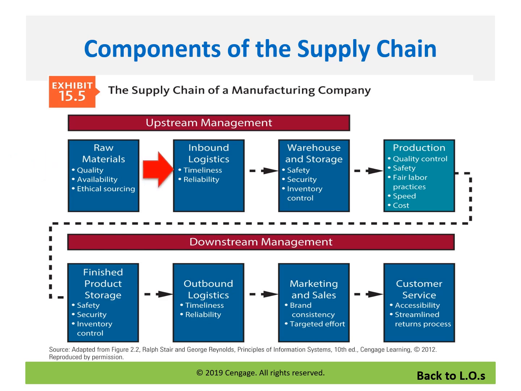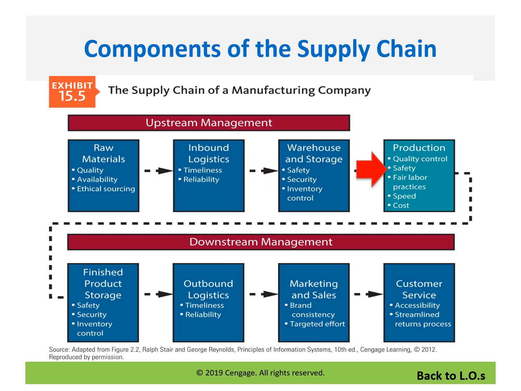The inbound logistics are the ones in charge of making sure the supplies will reach the manufacturer, ensuring timeliness of delivery and reliability of the logistics partners. Warehousing and storage takes care of the safety, security, and inventory control of materials received and stored.